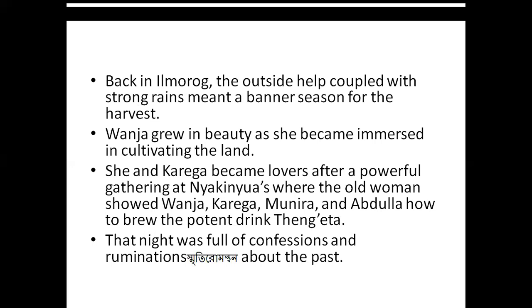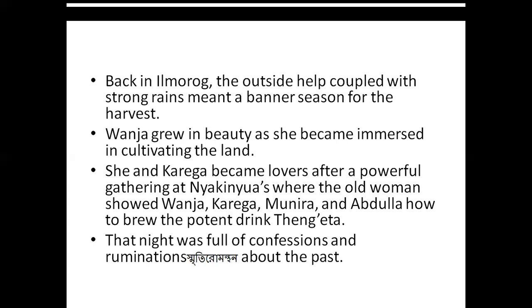Okay, so back in Ilmorog, the outside help coupled with the strong rains meant a banner season for the harvest. So media got attracted. Not only the media, other businessmen and other people were attracted to the village Ilmorog. So the Ilmorog people were getting help, and at the same time they had rain and a good harvest.